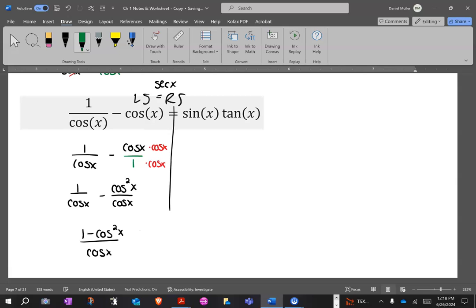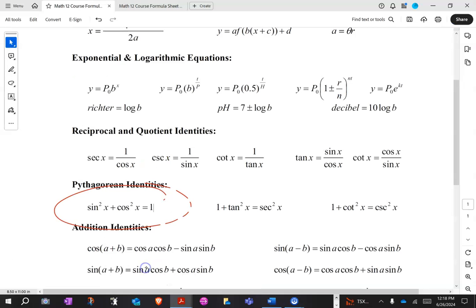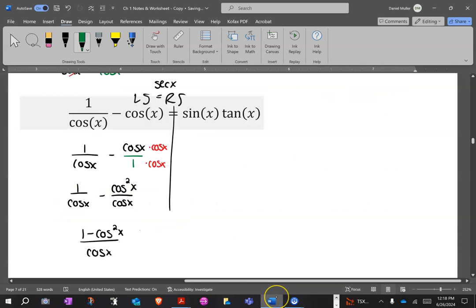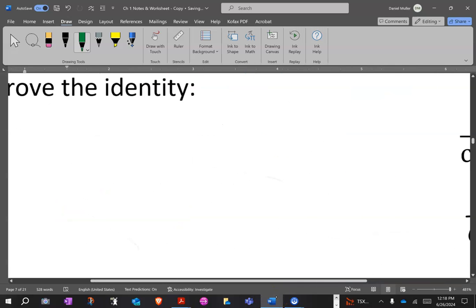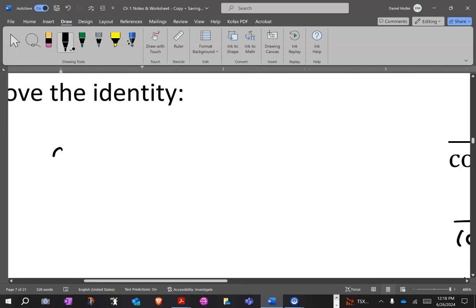I see a cos squared and a 1. So if I look at my thing here, cos squared and 1, this is a cos squared and a 1, but they're on opposite sides. I'm going to need to move things over. So sine squared plus cos squared is 1. Let's write that obvious substitution down.